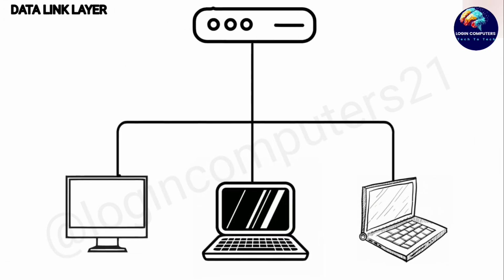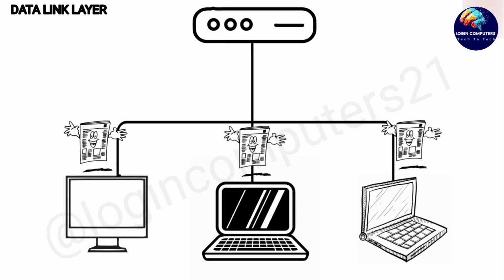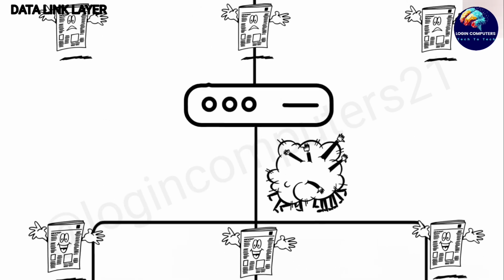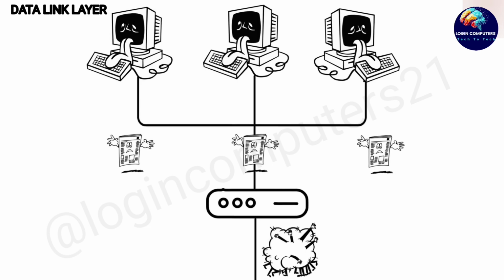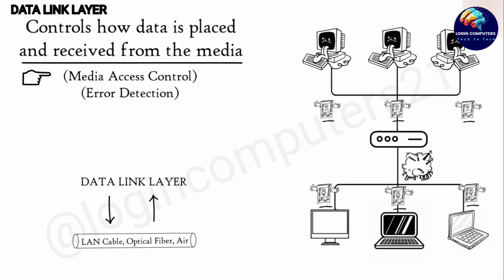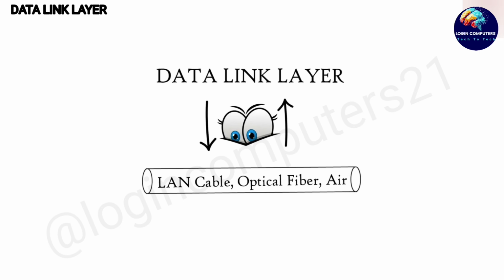There may be a number of devices connected to a common media. If two or more devices send data at the same time, there is a possibility of collision of the two messages, resulting in a useless message that neither receiver can understand. To avoid this situation, the data link layer keeps an eye on when the shared media is free so that a device can transmit data to the receiver.